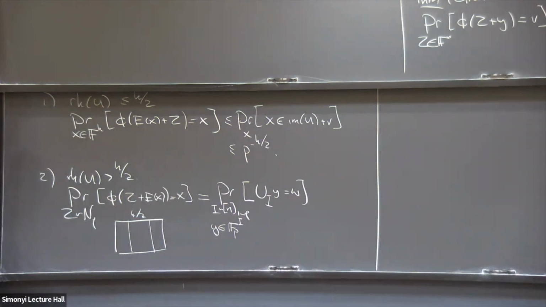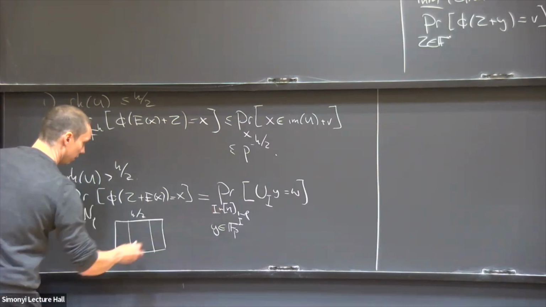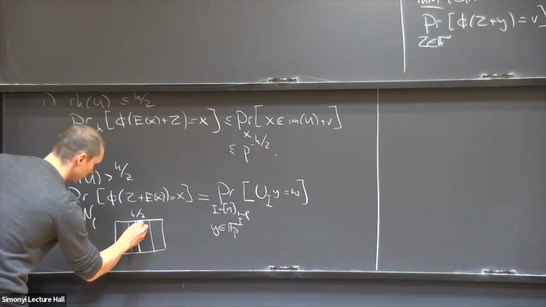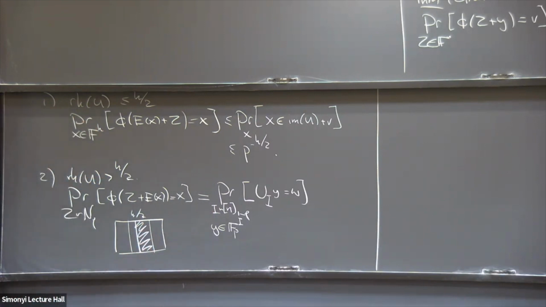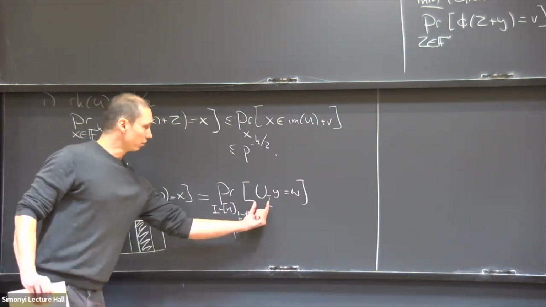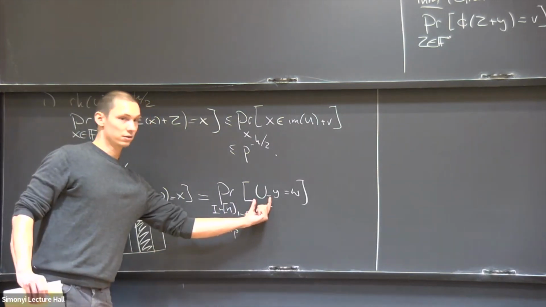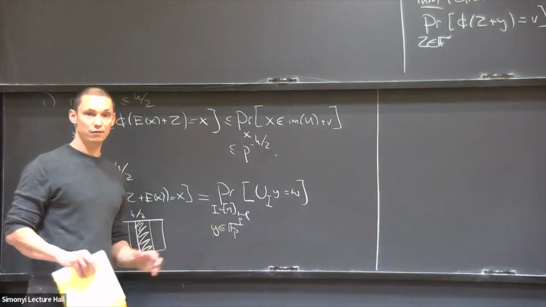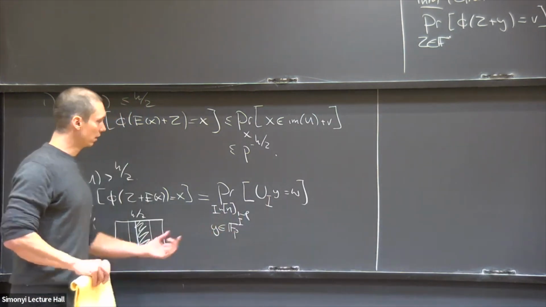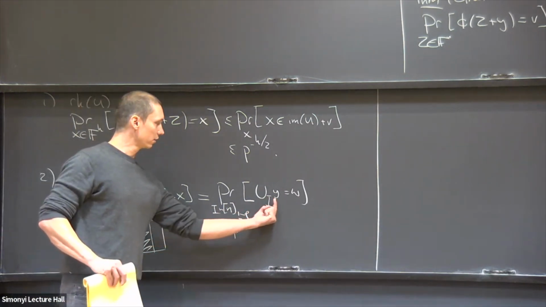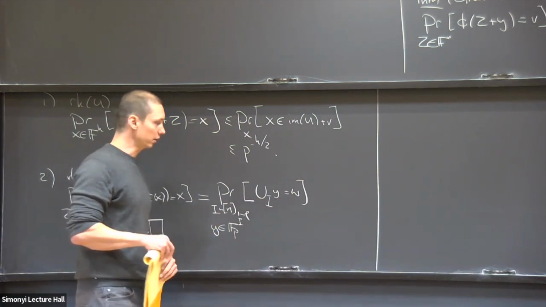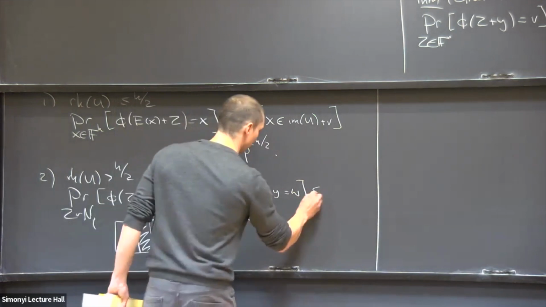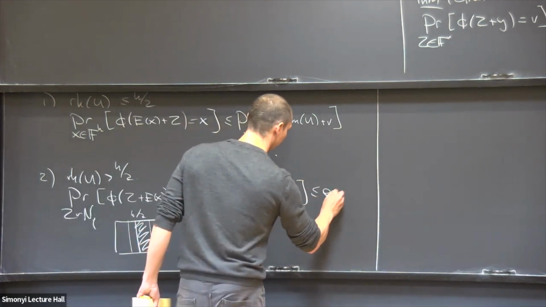So with very high probability, this random set I will contain a significant fraction of these linearly independent columns. That means that with very high probability, this random matrix U sub I will have high rank. And if it has high rank, a random vector y will satisfy this linear equation with very low probability.